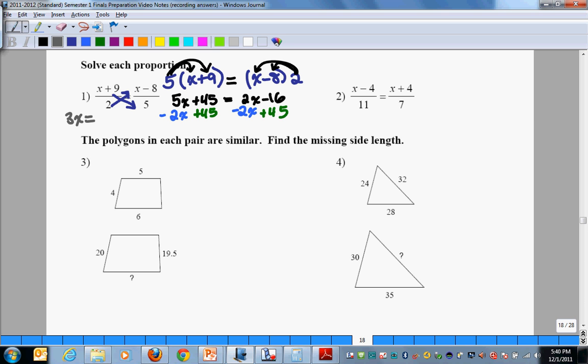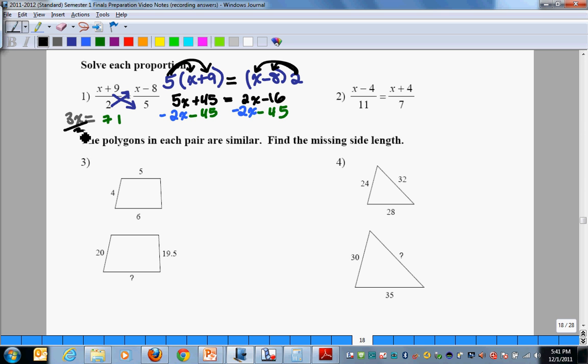Excuse me, that's minusing 45. That's going to equal 71.